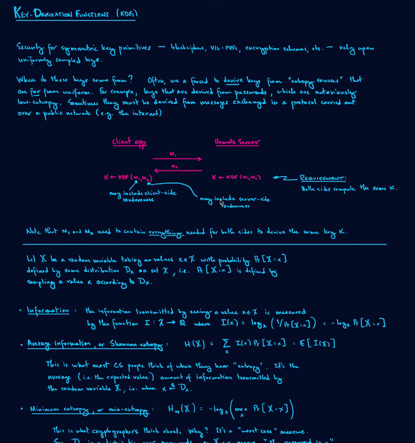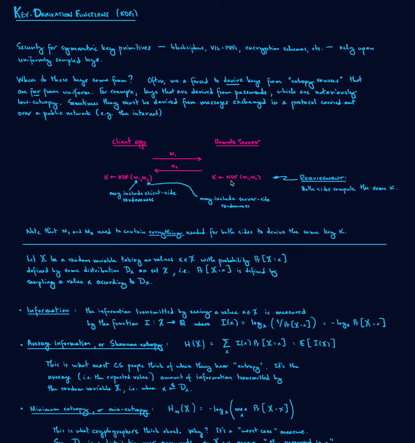And one thing to notice, long before we actually get into formalizing what a KDF is, is that because these two sides don't share the same entropy source, and yet they need to arrive at the same string, this KDF needs to be deterministic, right? It needs to be the case that if you put the same inputs in on both sides, you get the same value out.